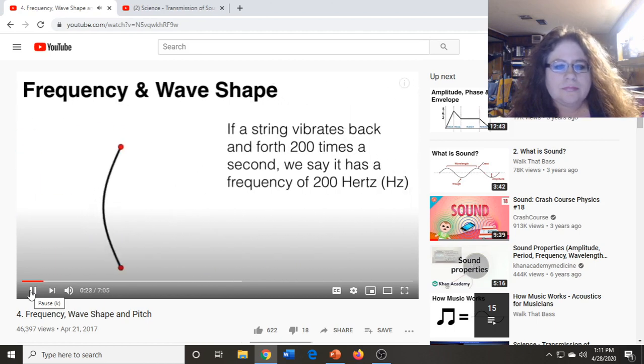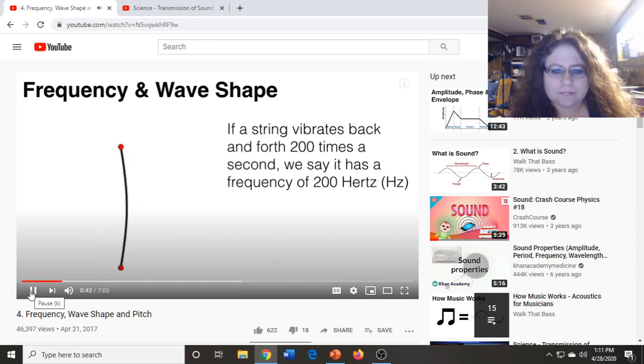If a string vibrates back and forth 200 times a second, it's causing or emitting 200 sound waves per second. And the number of sound waves that pass a fixed point per second, or the number of times a string vibrates per second, is called the frequency and is measured in hertz. So our string is vibrating at 200 hertz.